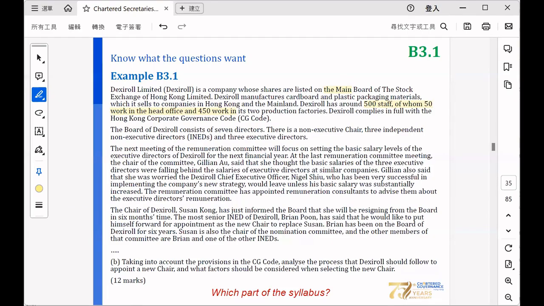So you have to think about what the CG code is. How can you demonstrate good understanding of this? And then there are 7 directors altogether: a non-executive chairman, 3 INEDs, and the NEDs in here.